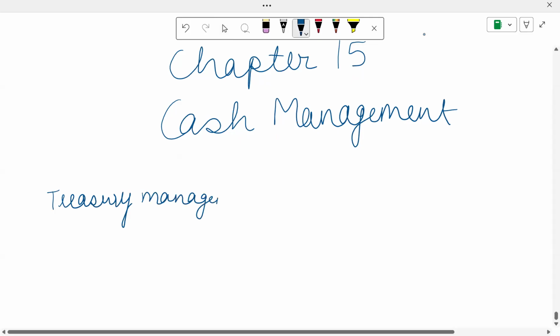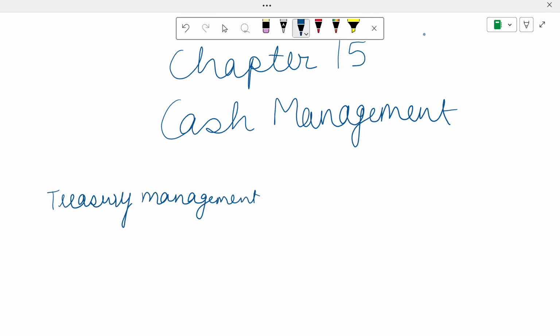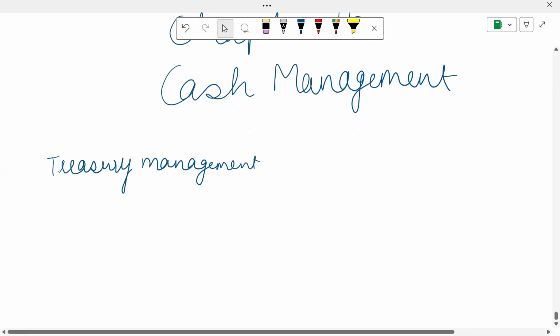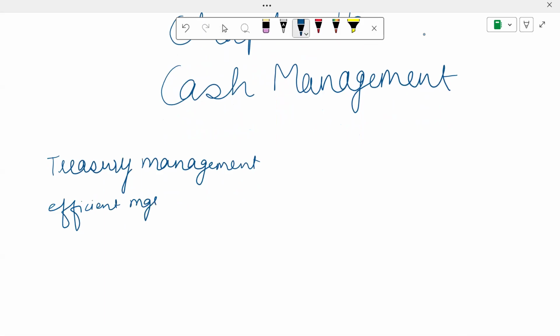Treasury management, if you want to put it into a definition, is nothing but efficiently managing your liquidity and risk in a business. So this is about efficient management of liquidity and risk.